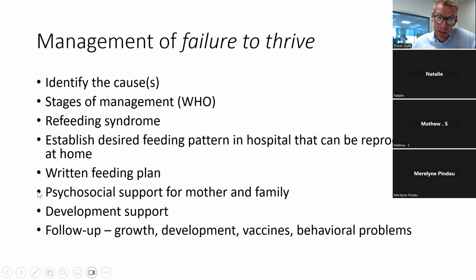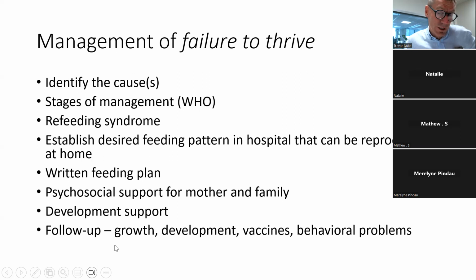Psychosocial problems are often at the heart of severe malnutrition and failure to thrive. So we need to be identifying those and providing whatever support, psycho support or social support for the mother and for the family. And the children themselves, when they're failing to thrive, remember they're developmentally delayed and they need support for their development, both nutritional and also some early intervention support.